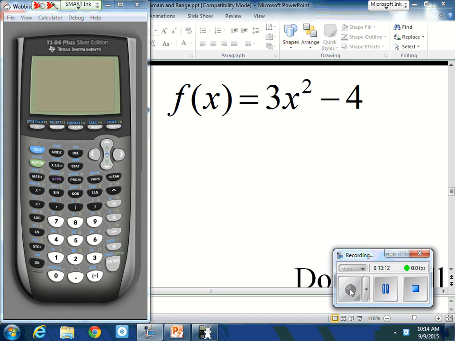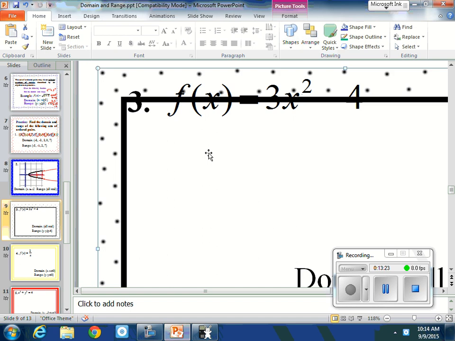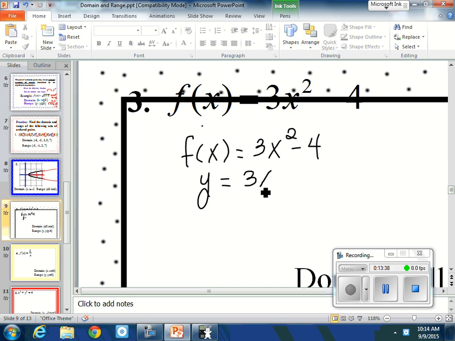Now for this, remember f of x is the same thing as saying y equals. So that would be the same thing as y equals 3x squared minus 4.